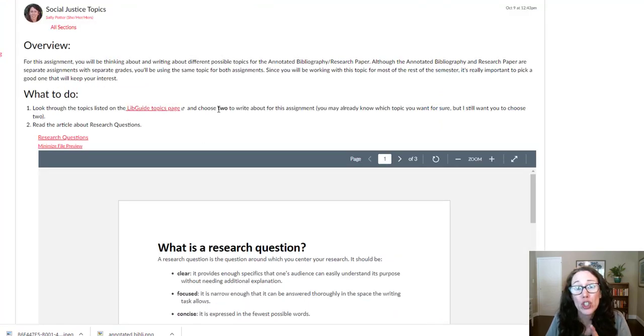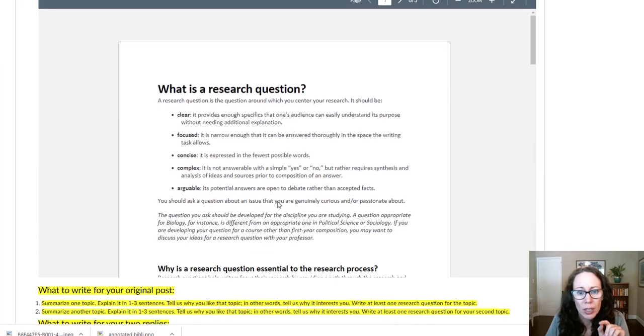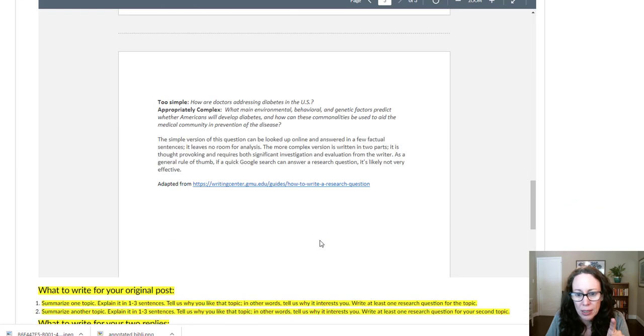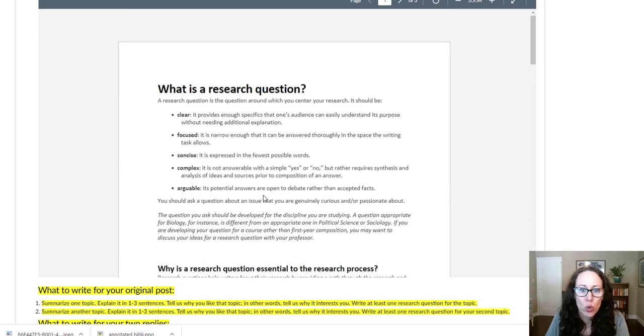And then you're going to choose two of those, okay, any two of those. And then you are going to read this article that I got from the website that's listed down here on the bottom. But this article is about research questions. What are research questions, and how do you write a research question?